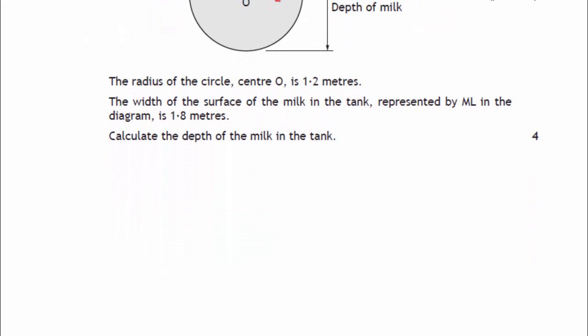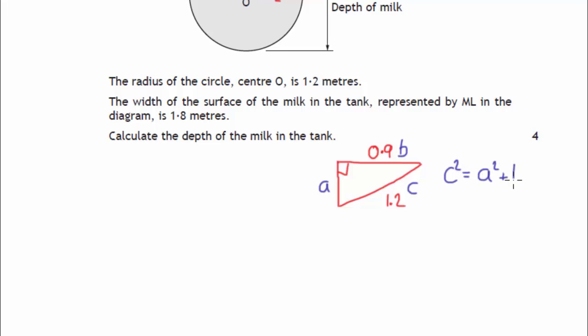So if I scroll down, I'll redraw this so it's a wee bit bigger. We're left with a right-angled triangle like this, that is 0.9 and that is 1.2. In the Pythagoras formula, the largest side we call C, and we can call the other sides A and B. The formula says C squared equals A squared plus B squared.